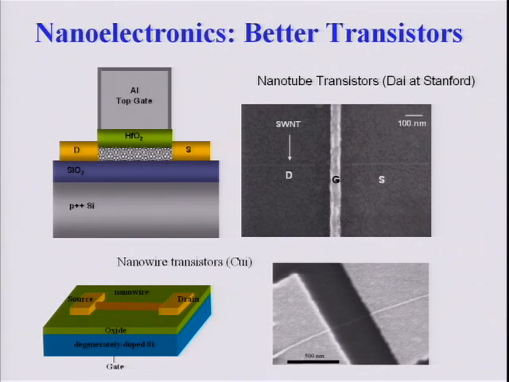It's like ballistic transport. And many companies are pushing very hard, especially IBM, to try to use nanotubes for the next generation of transistors. Another example coming out of my own research work is to use semiconductor nanowires for making better transistors.